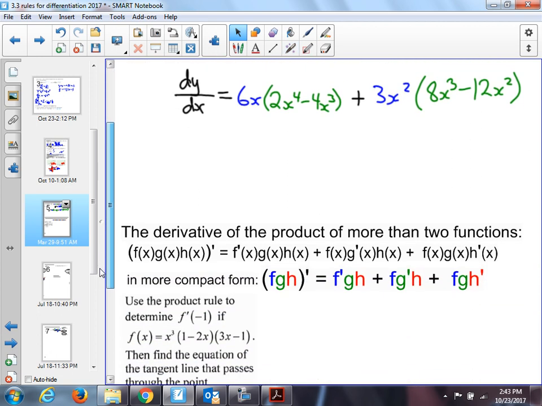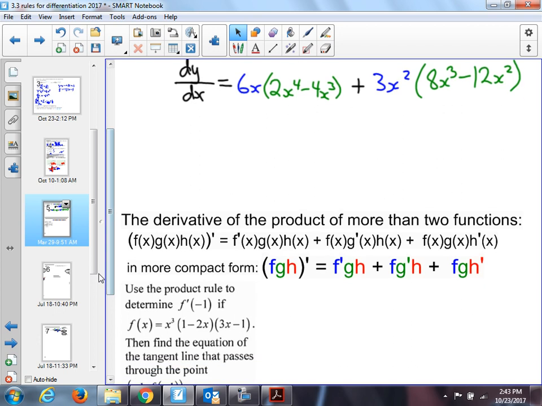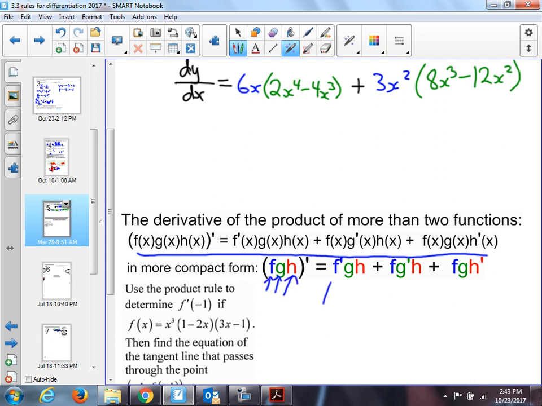Now, the derivative of two or more portions of a function, you just extend this rule basically. If you got f, g, and h, first, second, and third thing, you notice it starts the same way? Derivative of the first thing, leave the other things alone. Then the first thing left alone, derivative of the second thing, leave the third thing alone.